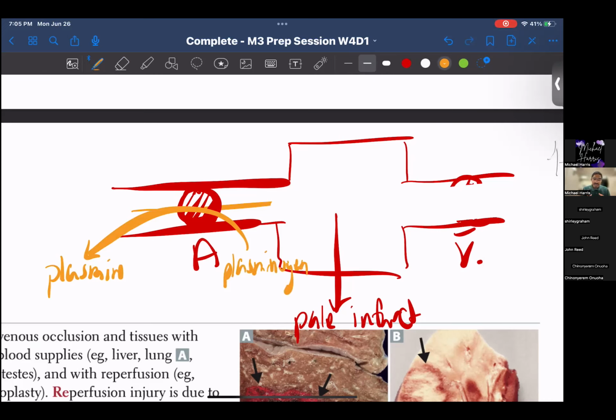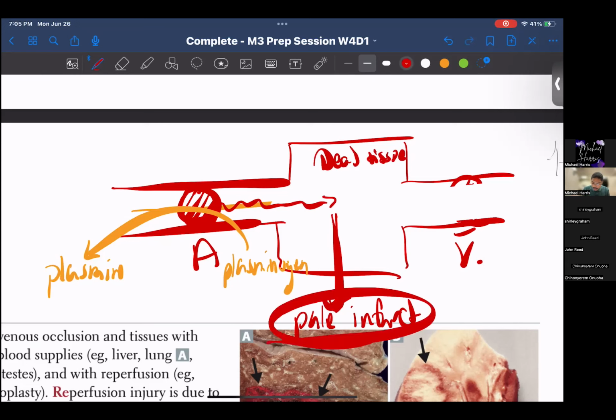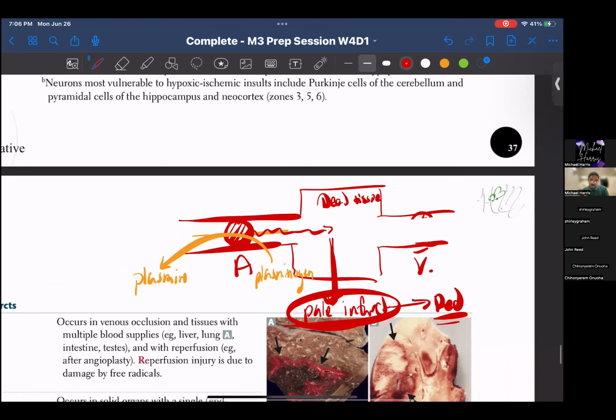Right? So plasmin breaks down this clot, and now all of a sudden you get blood flowing in to dead tissue. This pale infarct becomes a red infarct. Those are the two ways you get red infarcts.